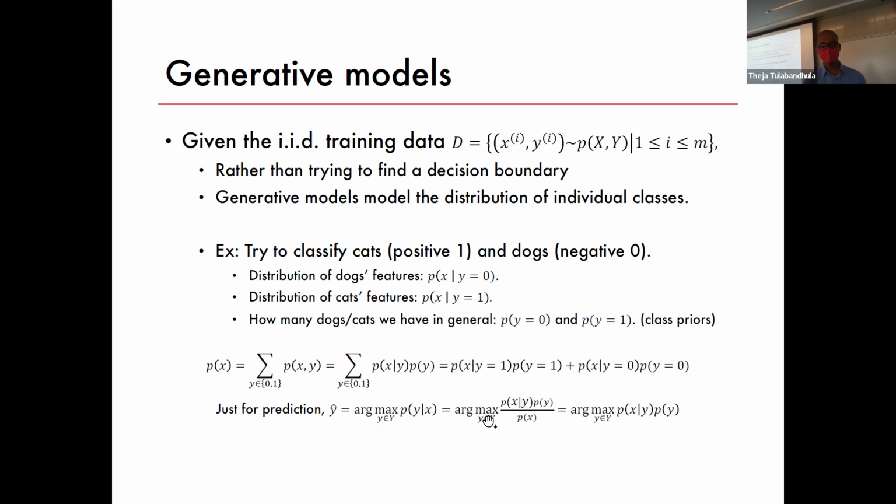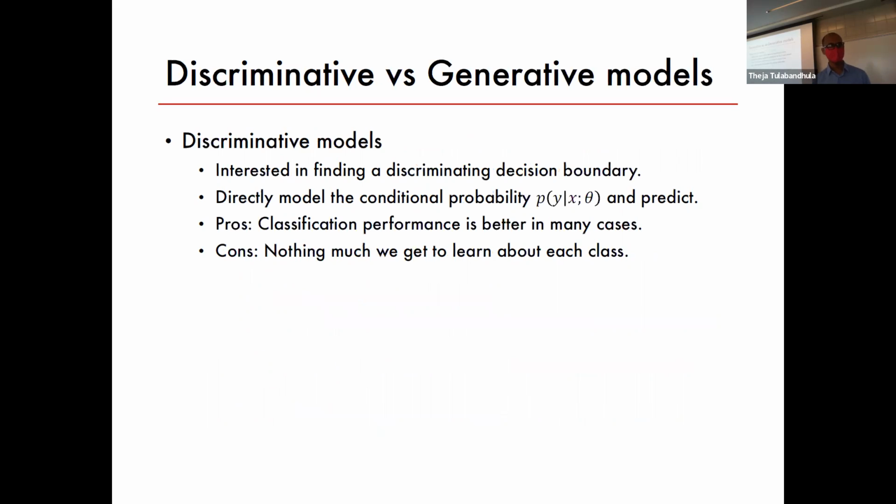When you maximize over Y, the denominator is not a function of Y, so you can ignore it. You can't say max of this is the same as max of that, because a denominator is missing, but argmax of one objective is the same as argmax of the other. For example, if the second objective is 10 times the first one, the 10 is not useful. So that's how you predict.